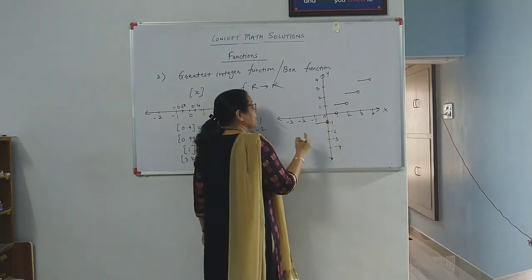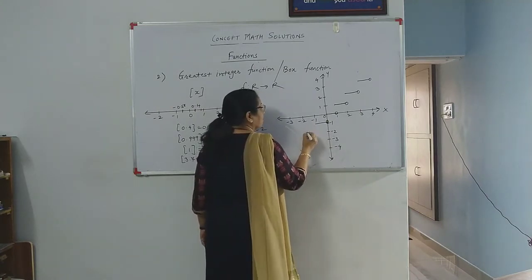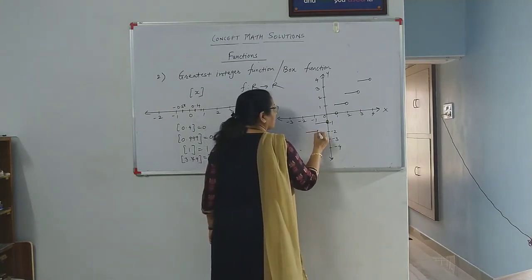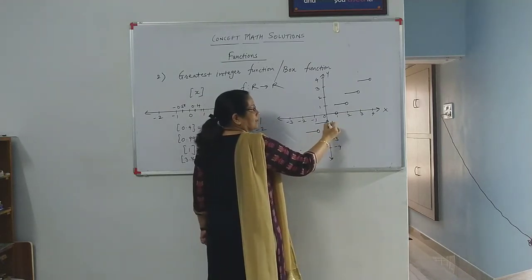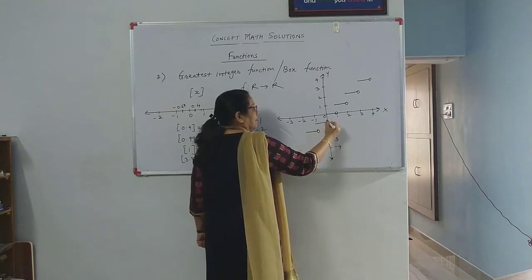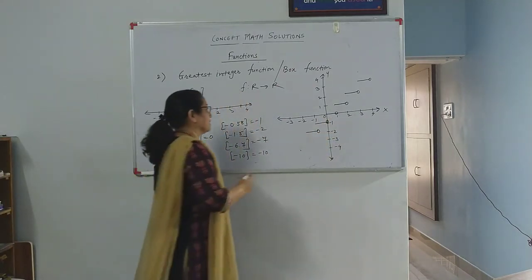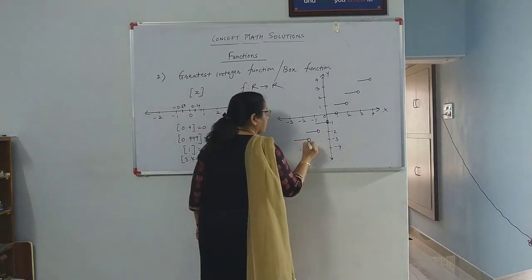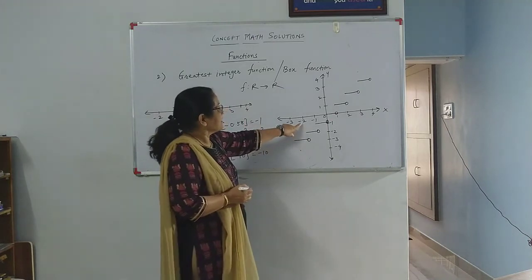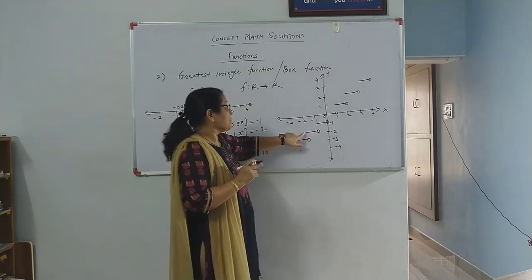When it becomes minus 1 to minus 2, yes, this is, x is 0, y is minus 1. Then when x is minus 2, its image is minus 2.